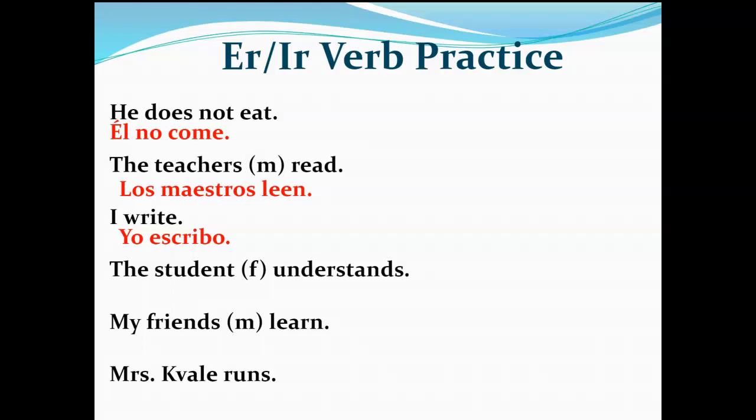Go ahead and write this on your whiteboard. All right, the student is la estudiante, and to understand is comprender. Take off the ER and conjugate it like a she. So it's la estudiante comprende.